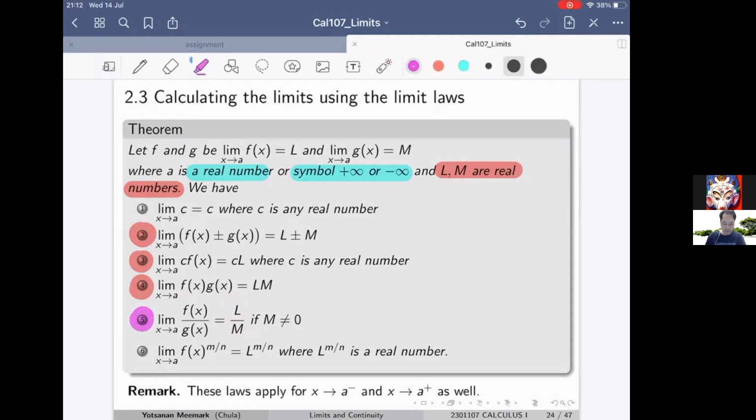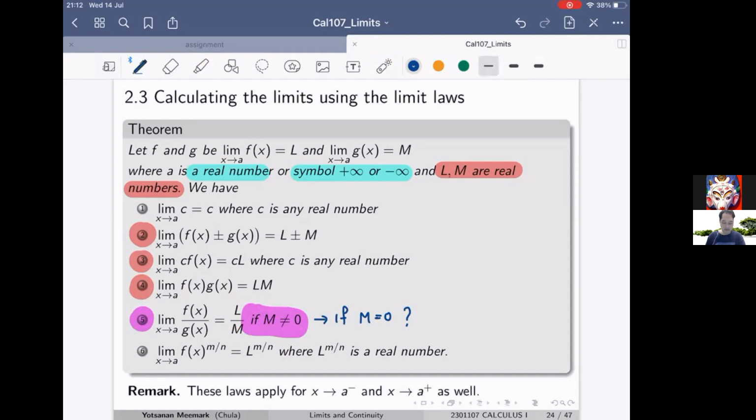However, one of the most important conditions is that your M, the bottom, cannot be 0. So if the bottom is 0, then what happens? We are going to study that later on, okay.